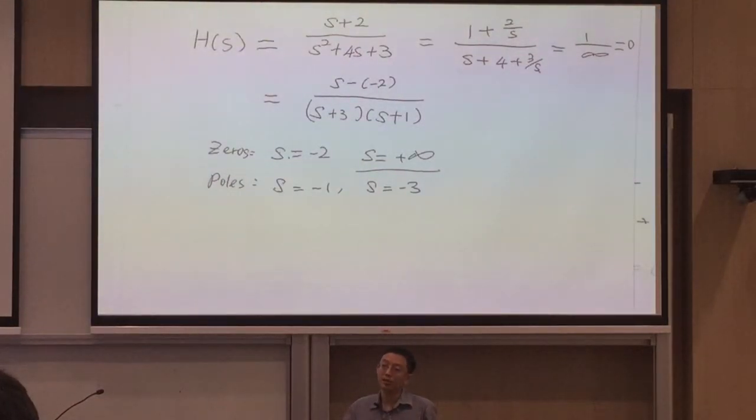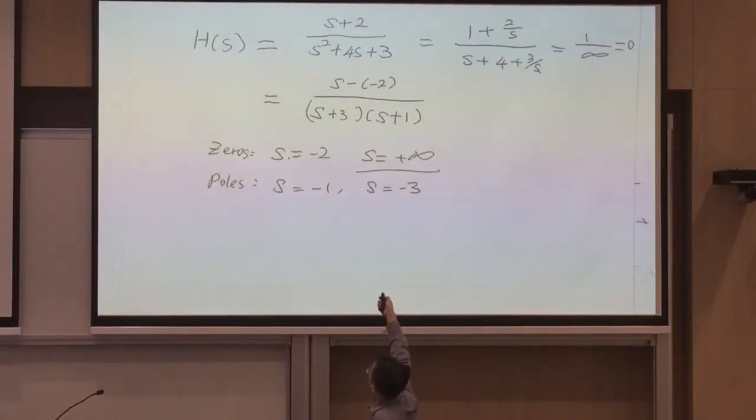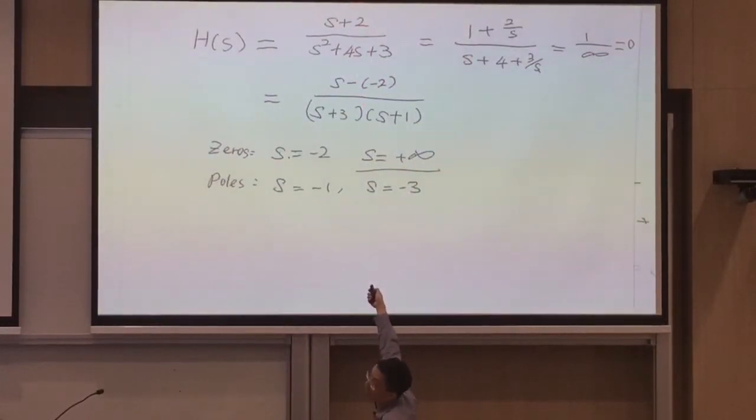Right? The poles mean the values of your s at which your function goes to infinite. So in this case, if your s equals minus 3, your H(s) becomes something divided by 0, right? It's infinite. And when your s equals minus 1, this one becomes 0, and this one is some defined value, minus 1 plus 1 is 1, right?